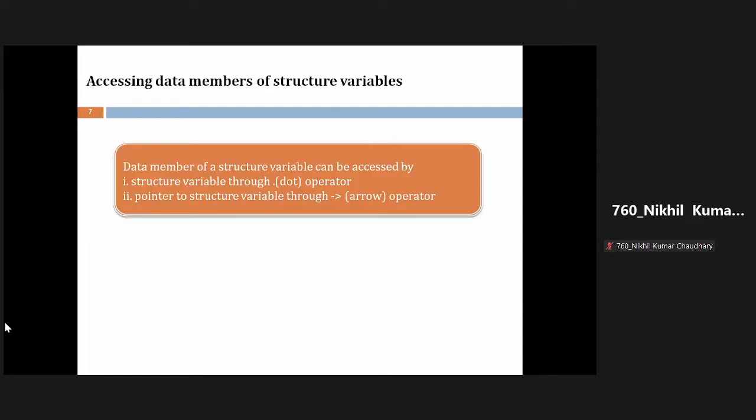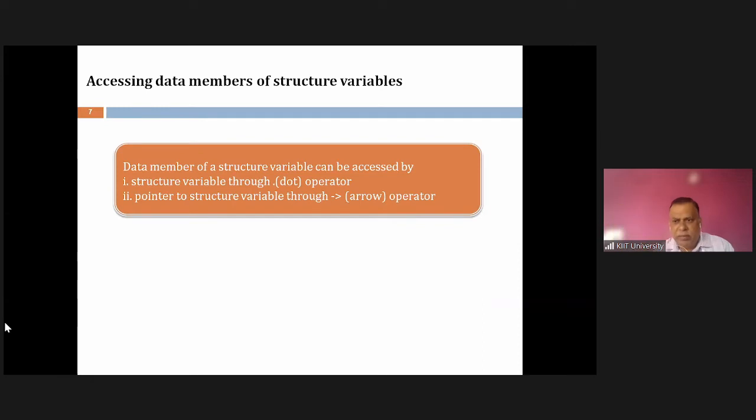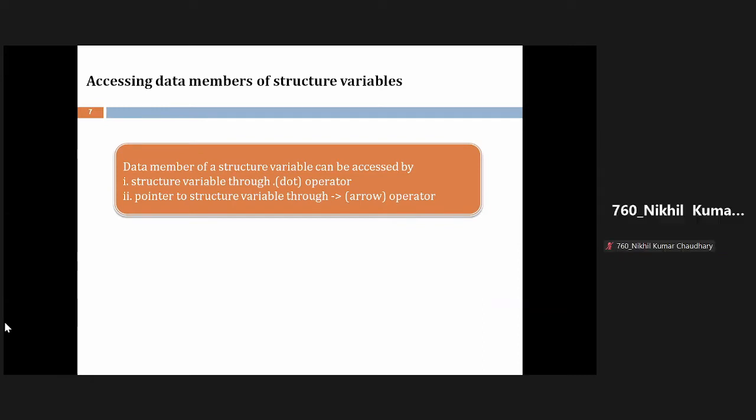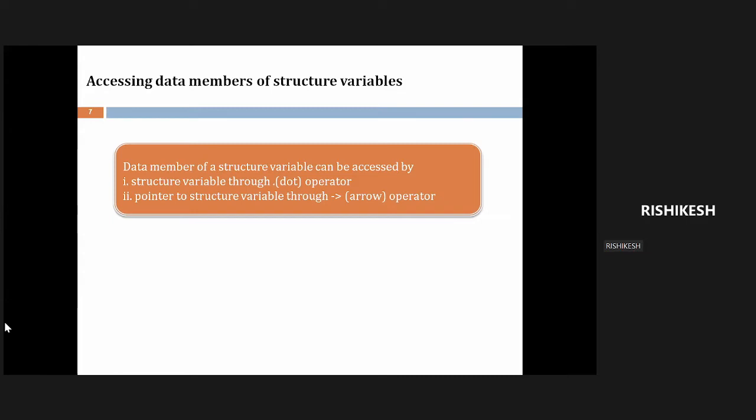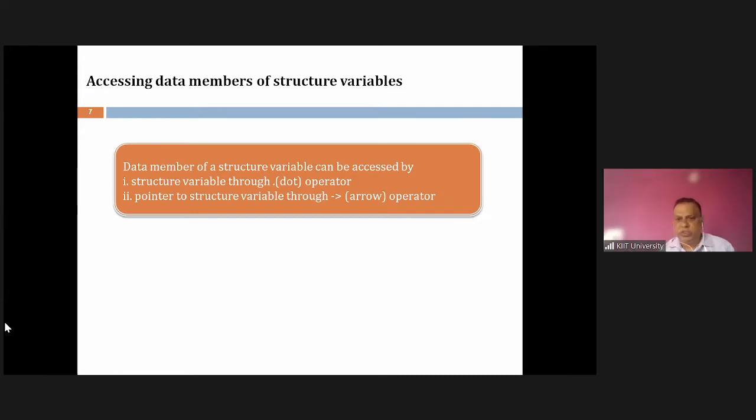So if it is a simple variable, the data member can be accessed using which operator, Amarjit? Dot operator. Very good. If the variable is the address of a structure, which operator must I use? Arrow operator. We'll see how we use these two operators with examples.